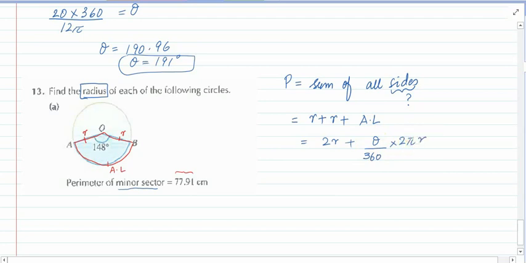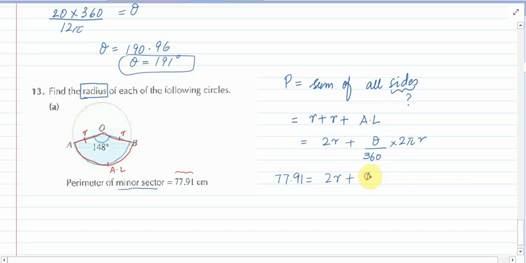So you need to substitute the values of angle in this expression. So perimeter is also known, that is 77.91 is equals to 2R, the value of R is unknown, plus the value of theta is 148.